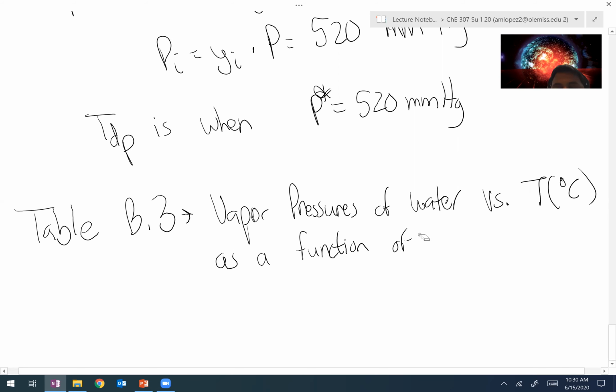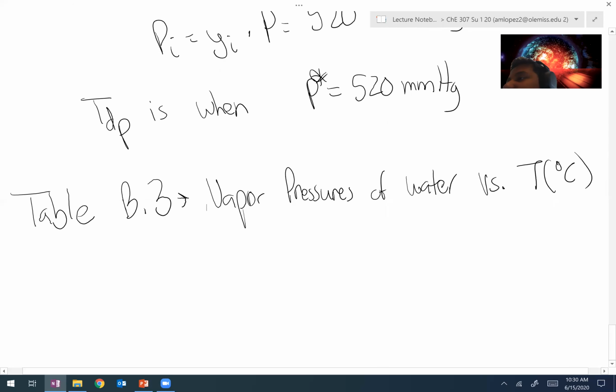I don't know why I wrote that. I apologize. So does any of you guys have the book? Are you guys able to see that table in the back?